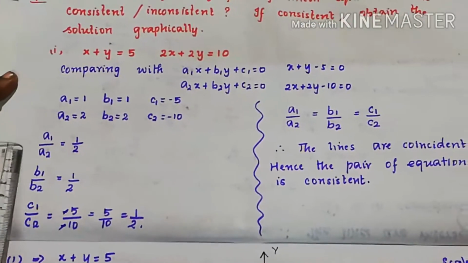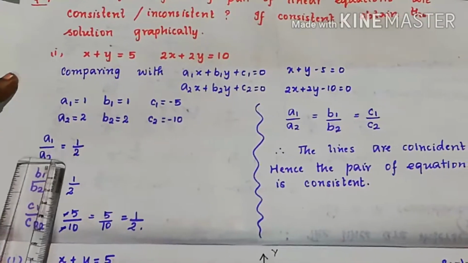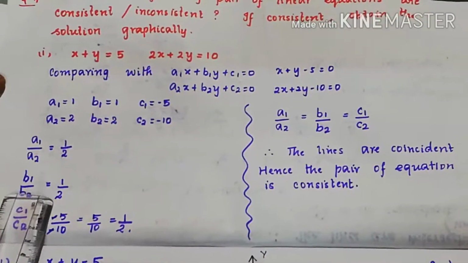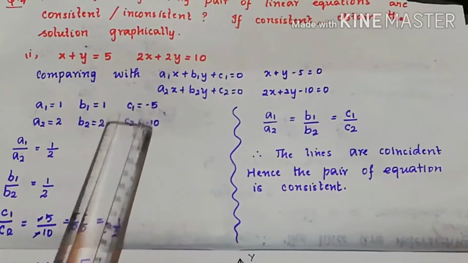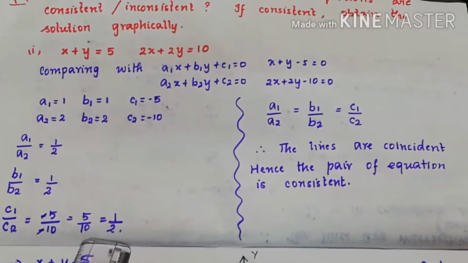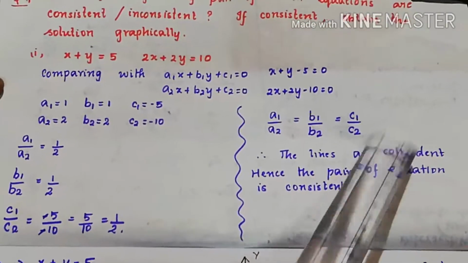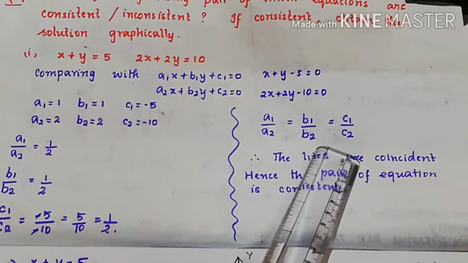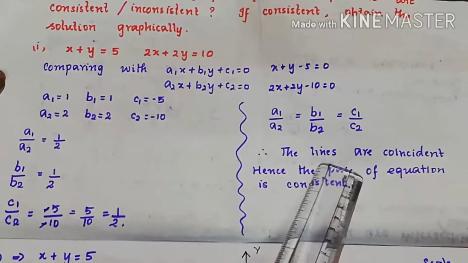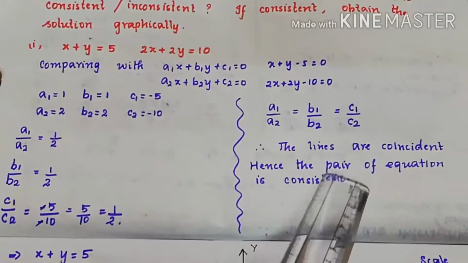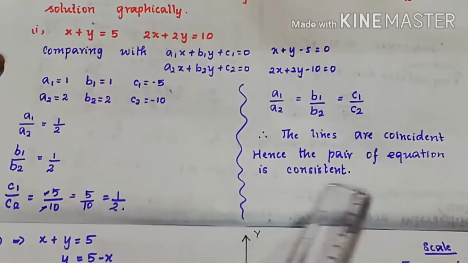Now find the ratio, a1 by a2. What is the value? 1 by 2. b1 by b2 is also equal to 1 by 2. c1 by c2 is equal to the same 1 by 2. So here all the ratios are equal. If all the ratios are equal, how will the lines be? The lines are coincident and hence the pair of equations is consistent.